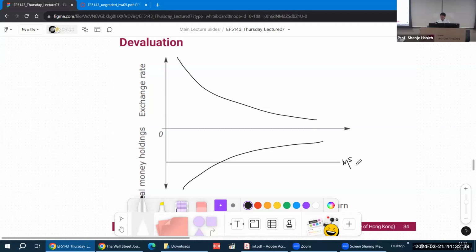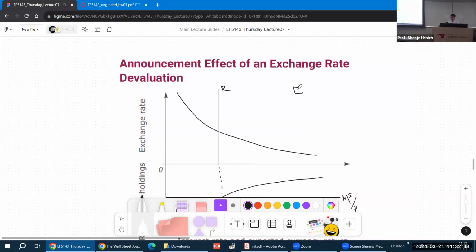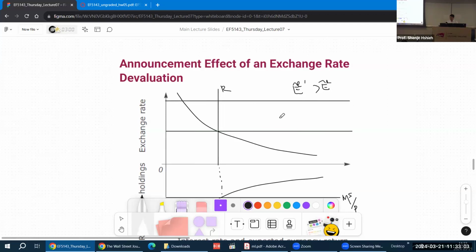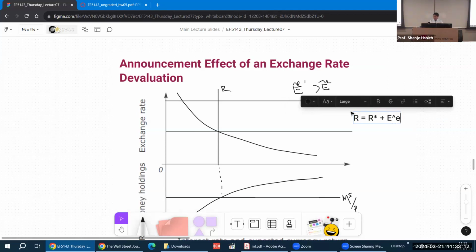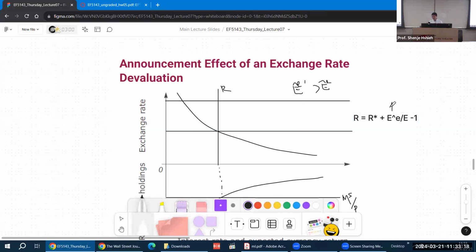This is MS over P. Our announcement means that just E hat E is increased, right? And let's suppose we had a peg, and now we're at a higher peg. Let's not talk about rho. So if E hat E is increasing, then E has to increase as well to restore parity.